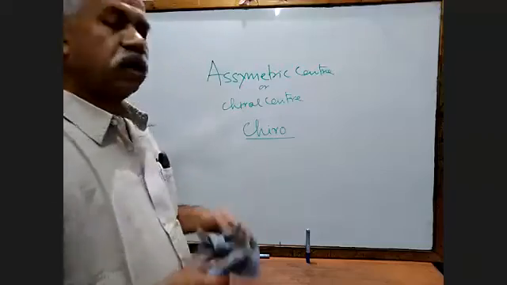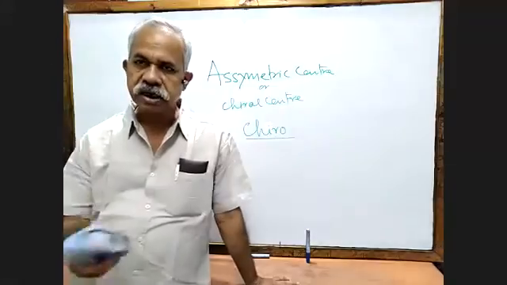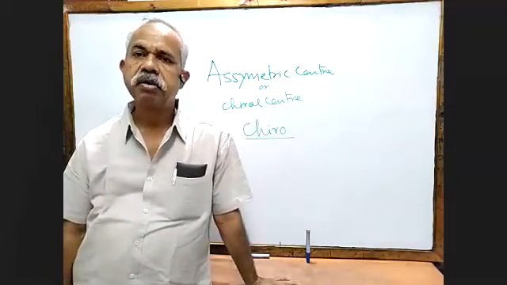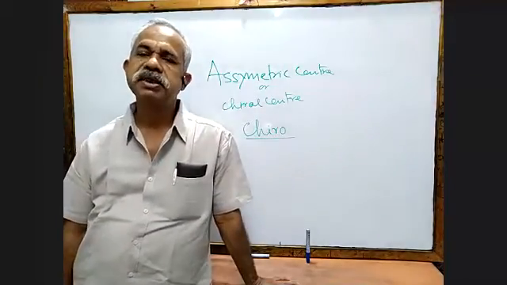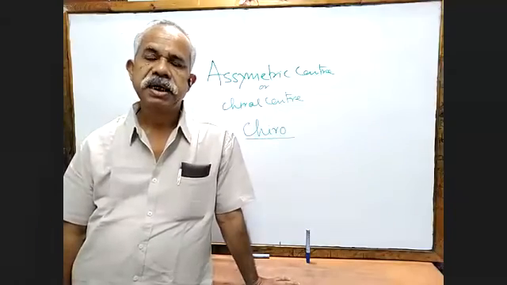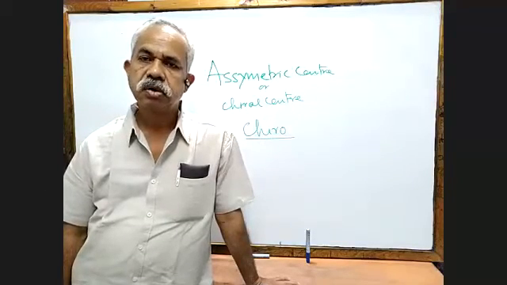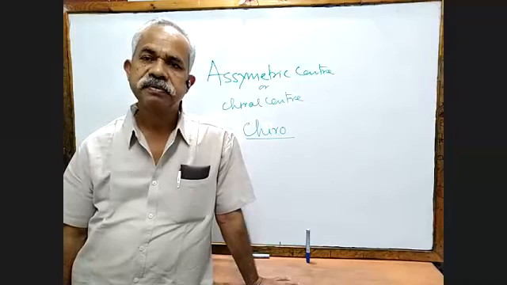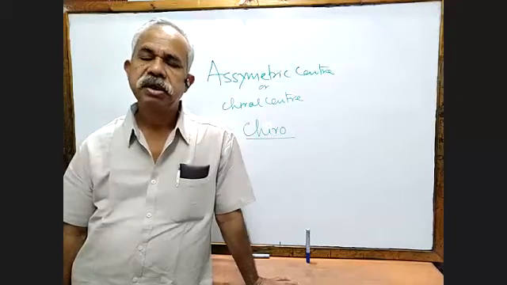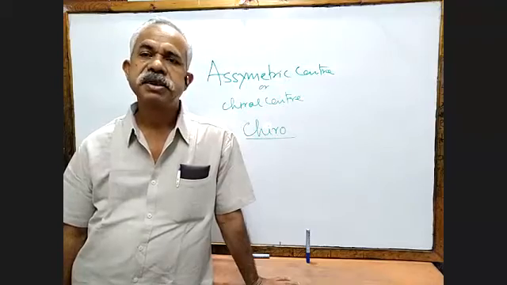Now, what is an asymmetric center? Whenever you deal with organic compounds, we call that center an asymmetric carbon. But I told you that optical activity is not at all restricted to organic molecules. There are many inorganic molecules also. So generally, in an open statement, we say optical asymmetric center.